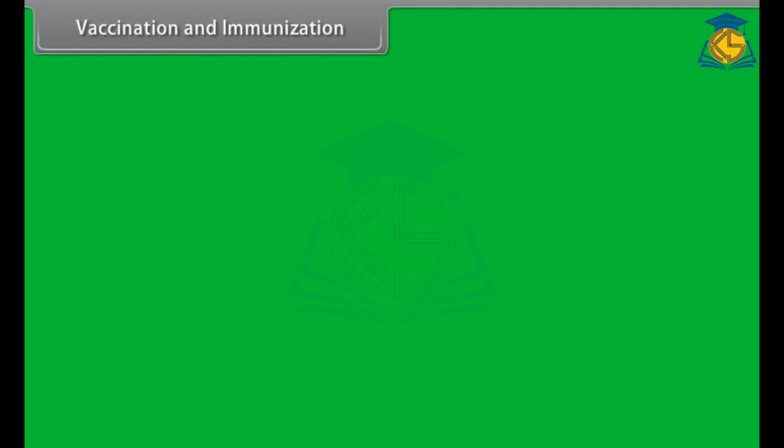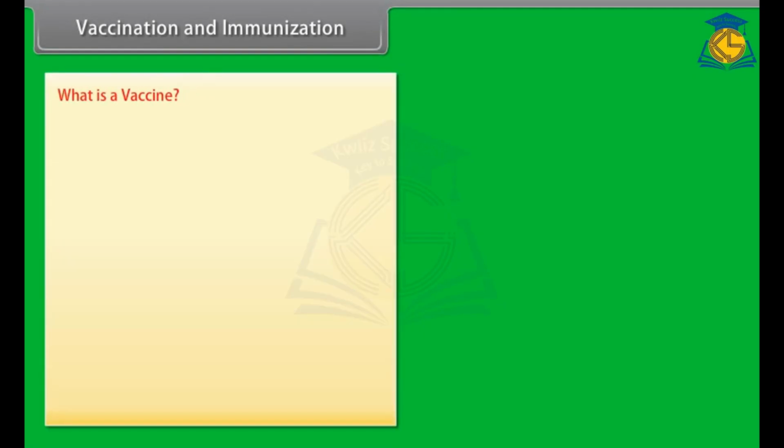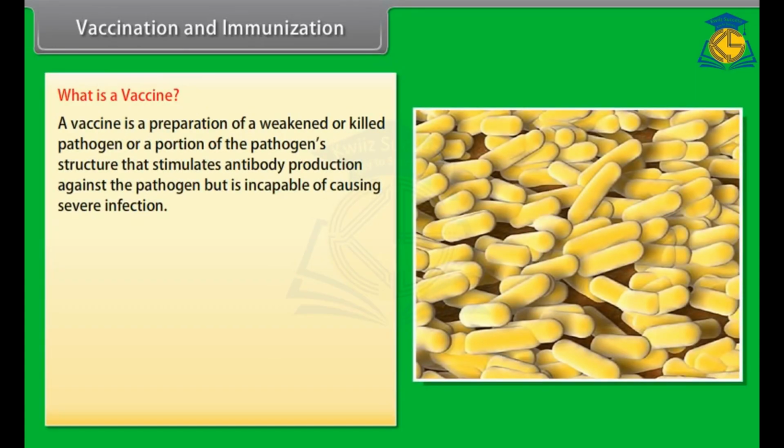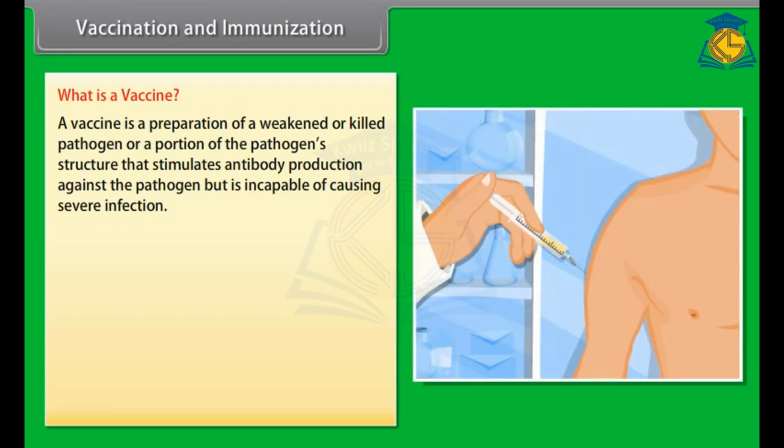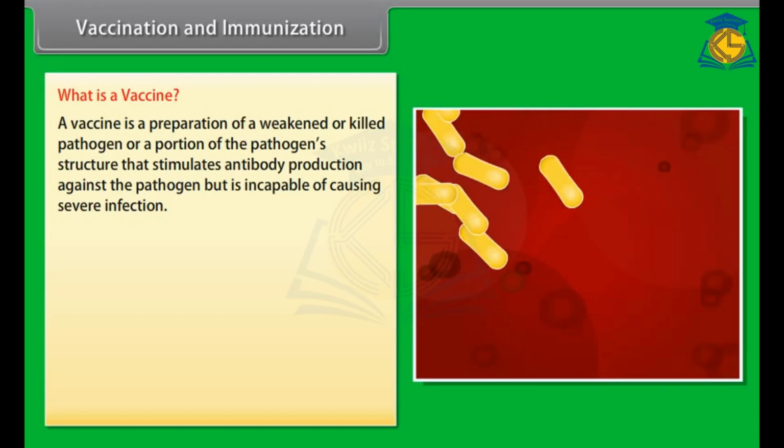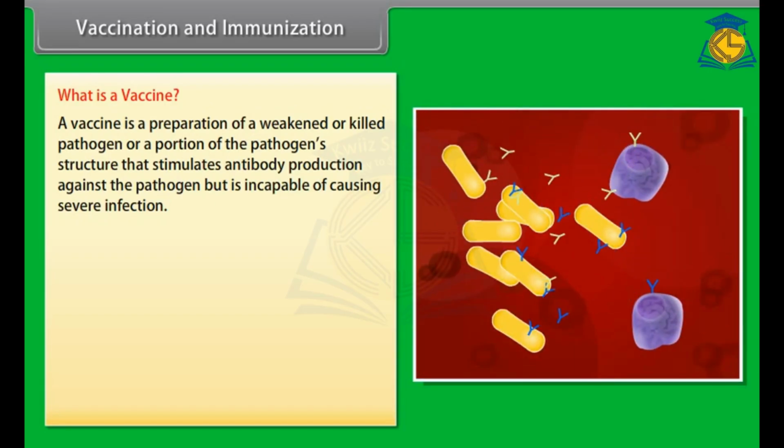Vaccination and immunization. What is a vaccine? A vaccine is a preparation of a weakened or killed pathogen or a portion of the pathogen's structure that stimulates antibody production against the pathogen but is incapable of causing severe infection. Vaccination.